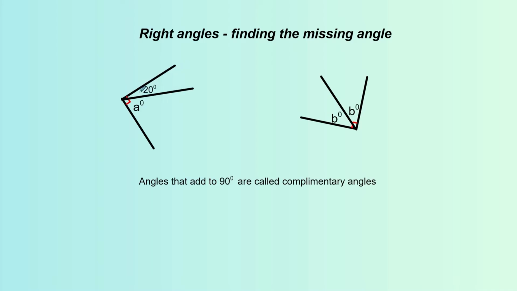You've got this first corner, which is quite small, 20 degrees, and then you've got your second corner, which is the one we're looking for, or the second angle. Now we know that a right angle is 90 degrees. If this little part here is 20 degrees, then all we have to do is subtract to find the remaining missing angle. So 90 take away 20, that means A is 70 degrees.